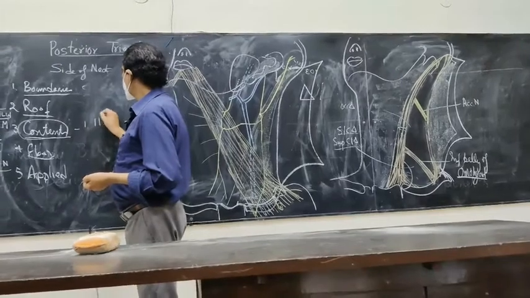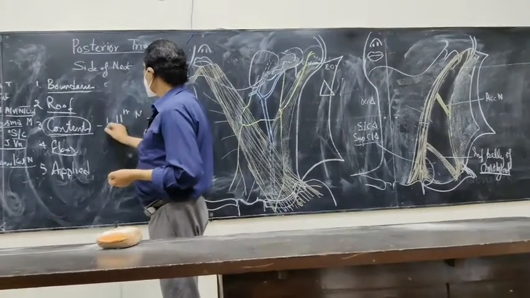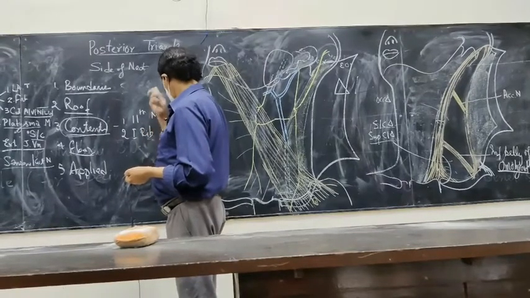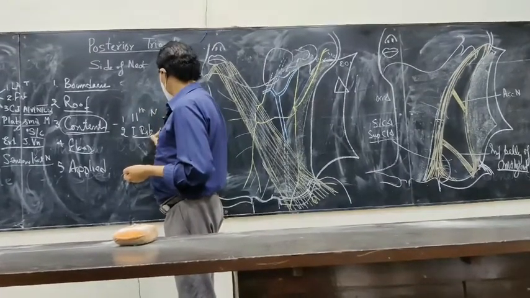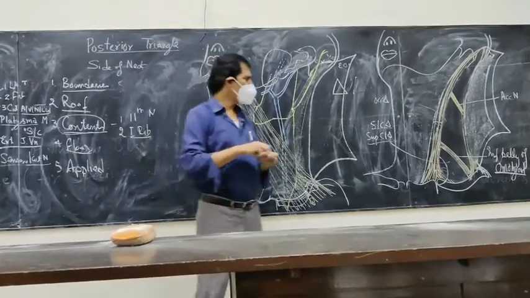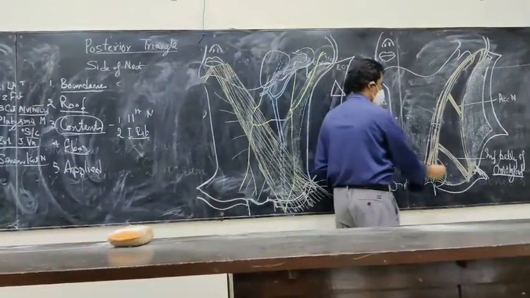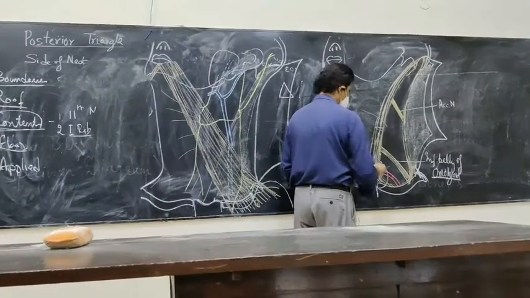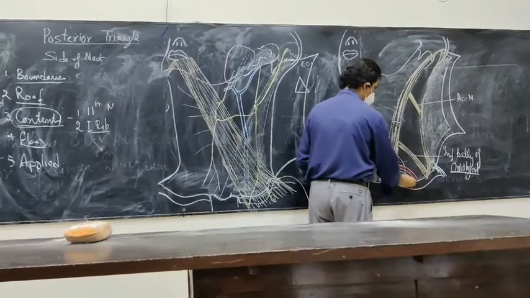Number 1 is the 11th nerve. Number 2 is the first rib with its attachments. And what is touching the first rib you already know: the subclavian artery posteriorly and the subclavian vein anteriorly.